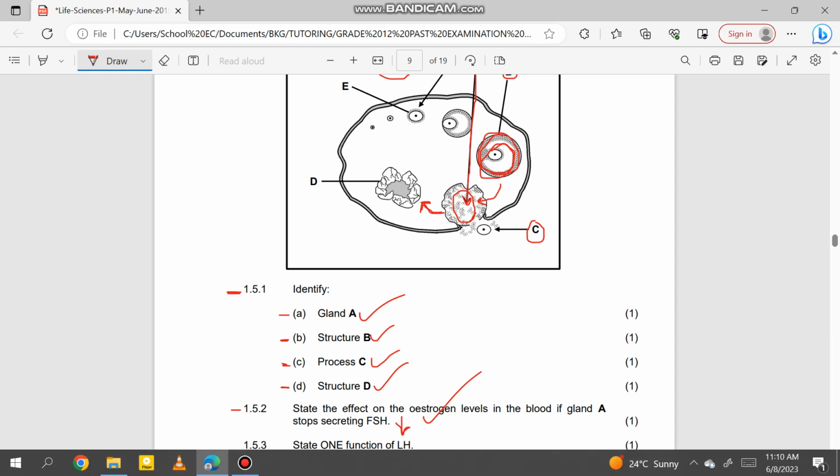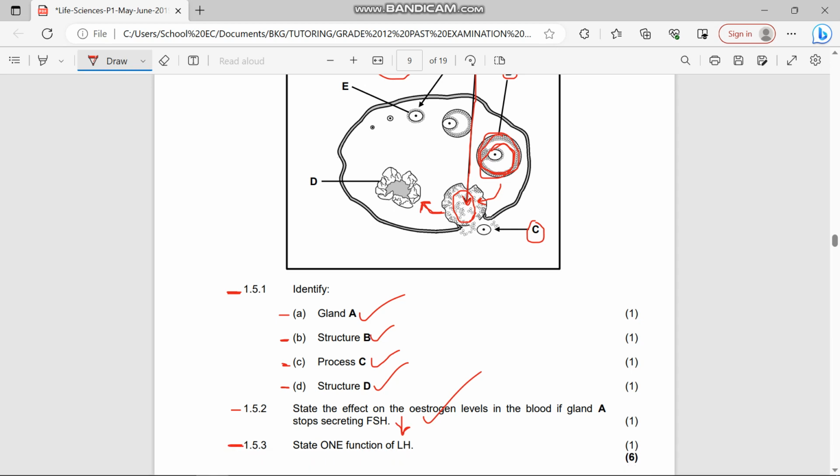Question 1.5.3 says state one function of luteinizing hormone. We have to state only one function, but I'm going to state two, so you can pick any that you want to apply in your exams. The luteinizing hormone stimulates the ovulation. That's number one. And again, it stimulates the growth of the corpus luteum.